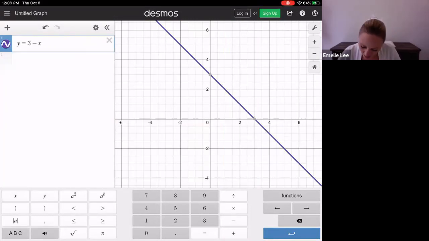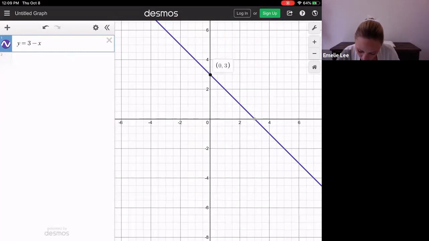Looks good, right? I found this point, and then if I follow along here, we could have solved for when y was 0 is when x is 3, and then we said when x is 4, y is -1, and it's hard to get it to stop there, but it looks like we did it right. Nice.